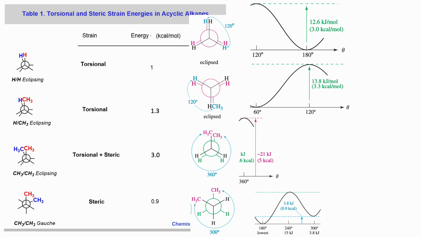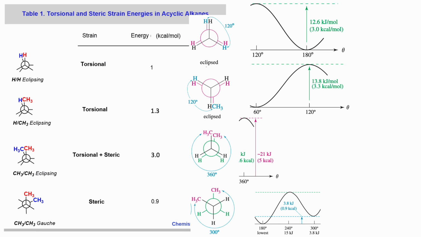So when we add them all up, we have a methyl-methyl worth 3, an HH worth 1, and another HH worth 1. 3 plus 1 plus 1 is 5. So that's why we see that the total value of this energy interaction from the chart we were looking at before is a value of 5 kcals as we add up all of those interactions between the methyl groups and the hydrogens when they eclipse. Finally, we get to this final interaction here, which, notice, is the only staggered conformation on this table.